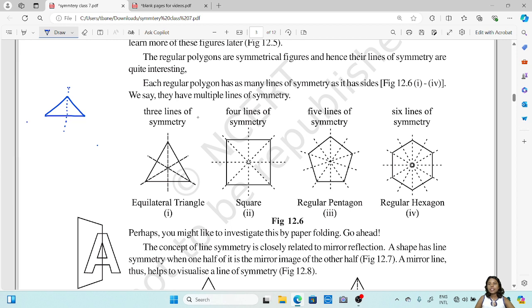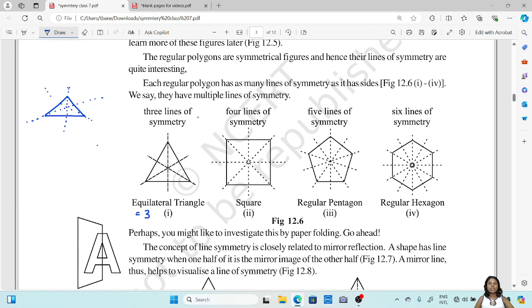Yes, there is another one here and then here. So we say that an equilateral triangle has three lines of symmetry. No matter which of these lines you fold it along, it will give you equal sides.